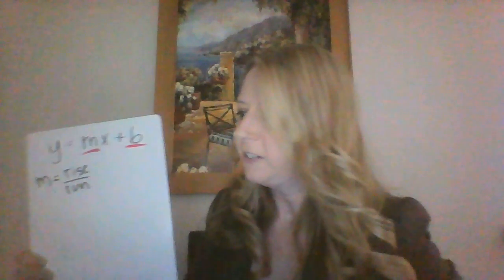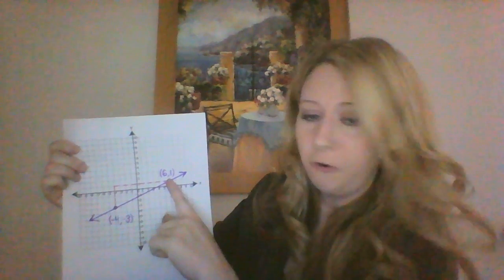If we take a look at our line and the 2 points it's crossing through, if I were to start at this point furthest left and work my way to the second point, I would have to go up 4 units and then over 10 units to get to that second point. So that's telling us that our vertical change would be 4 and our horizontal change would be 10.